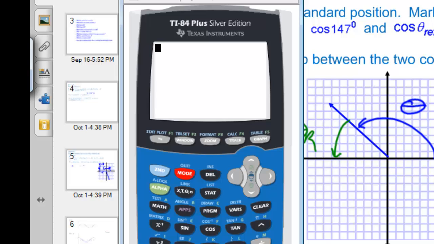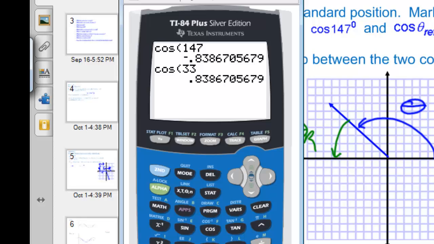Now I'll simply ask for the cosine of 147. And I will get negative 0.83867, etc. Now let's take the cosine of our reference angle. That was 33 degrees. And here I get positive 0.83867.